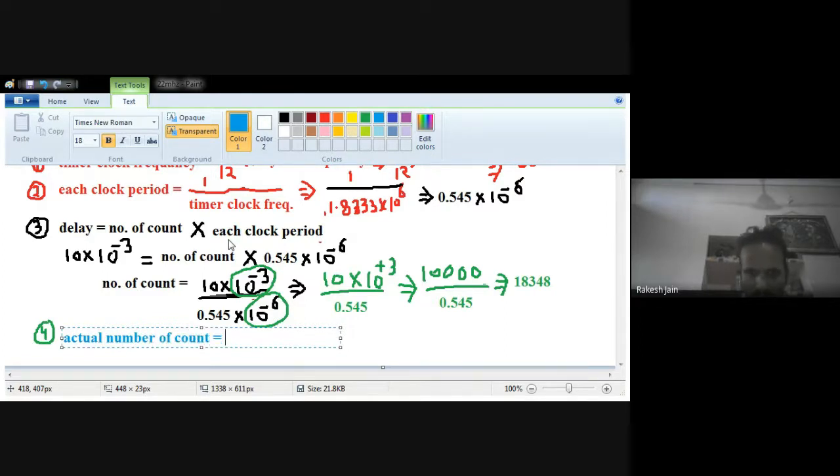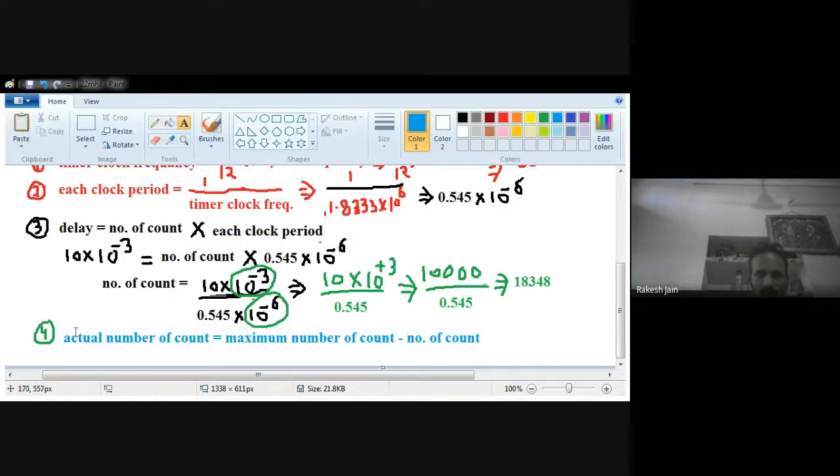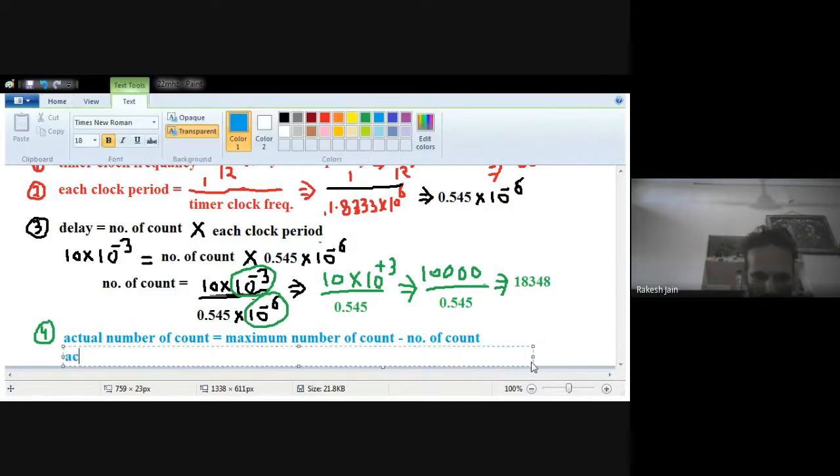That will be equal to maximum number of count minus number of count which we just calculated in step number 5. So how can we use this formula? The actual number of count for this question will be equal to maximum number of count.